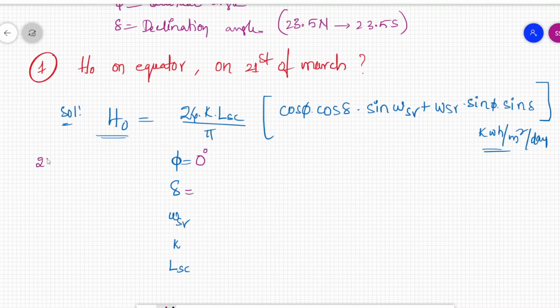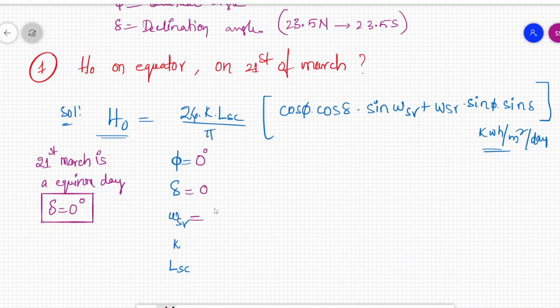Here 21st March is an equinox day, so the declination angle will be 0. That means the solar insolation and the equator will coincide and the declination angle will be 0. So I consider delta is 0 because it is on 21st March.